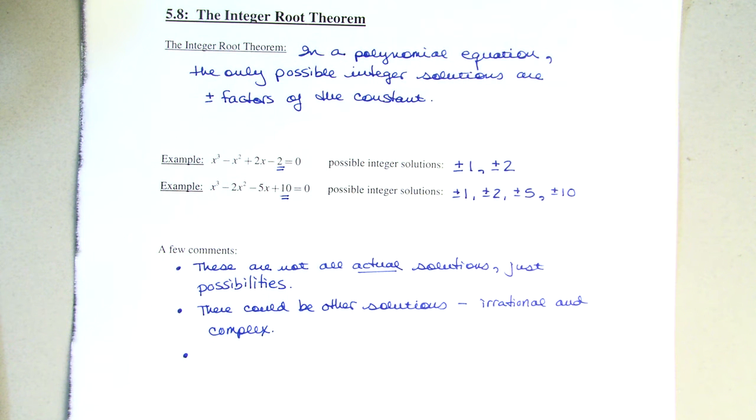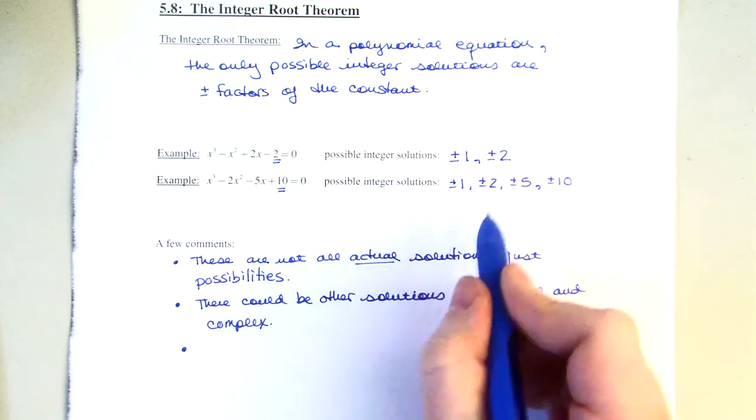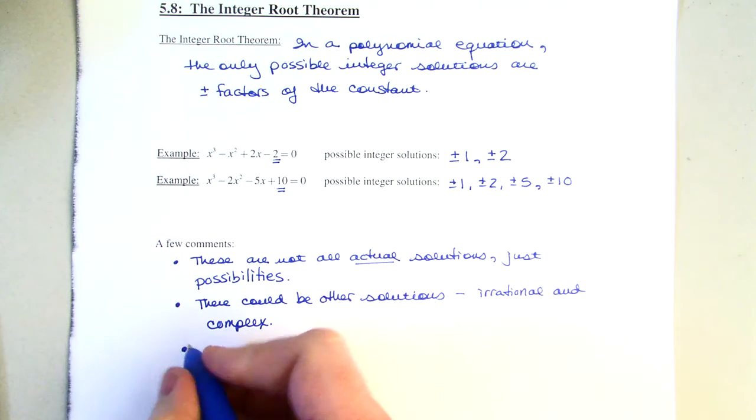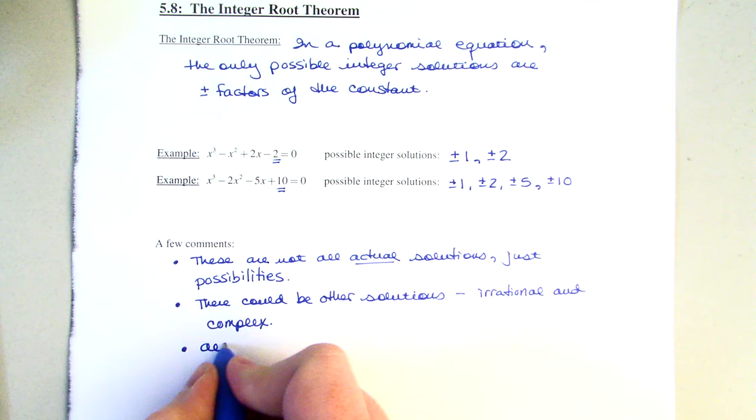All this theorem is saying is if any of the solutions are integers, they'll be in that list. They must be plus or minus factors of the constant.